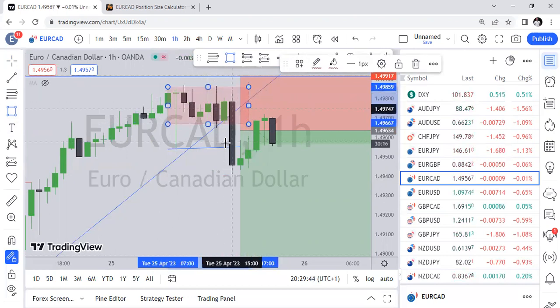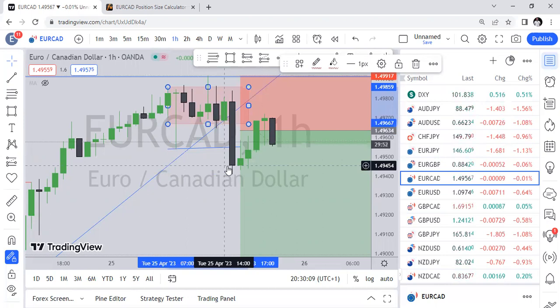Then this one appeared as an engulfing candle. It engulfed the previous candle. This was the previous candle. It engulfed it. So an engulfing candle is pointing to where price is most likely heading.